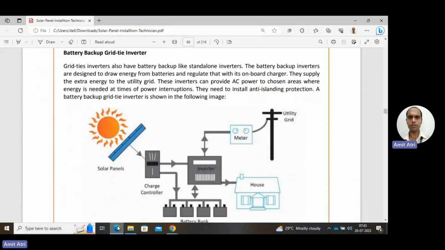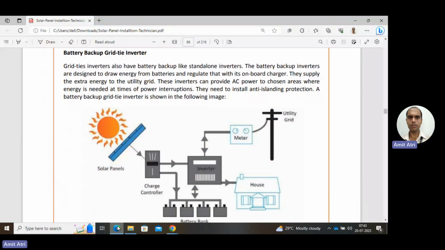Now this battery backup grid tie inverter is a combination of both of these two types which we just studied. They have a battery backup, and they are also connected to the grid. The battery backup inverters are designed to draw electricity from the battery and regulate that with the on-board charger. So they supply extra energy to the grid.